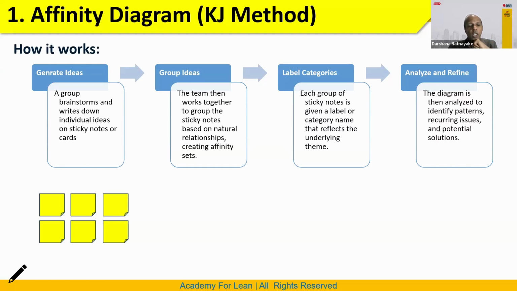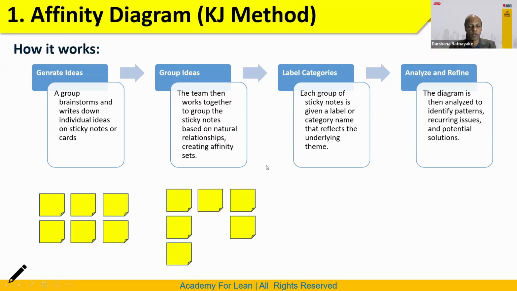Then step number 2, now we are grouping the ideas. The team works together to group the sticky notes based on natural relationship, creating an affinity set. It's called the affinity set. Let's say there are 25 sticky notes on the flip chart. Then as a team, we go there and categorize these notes by similar relationship.